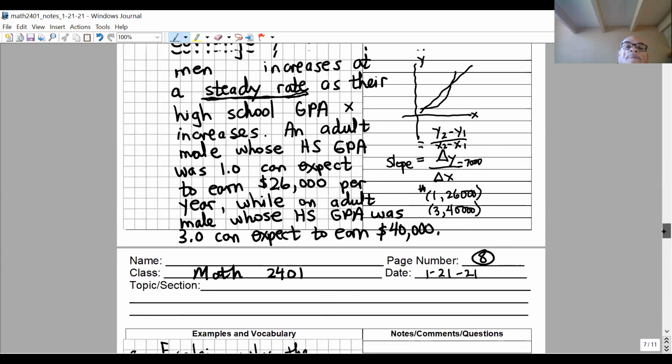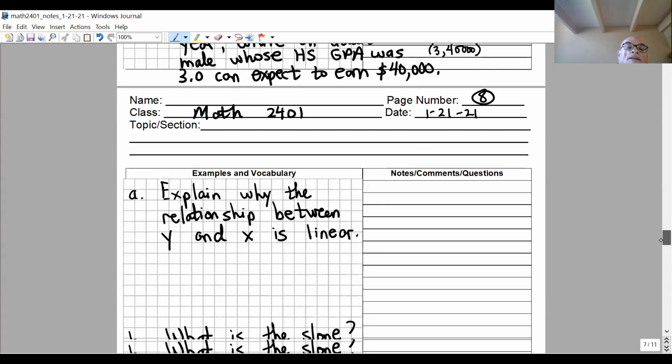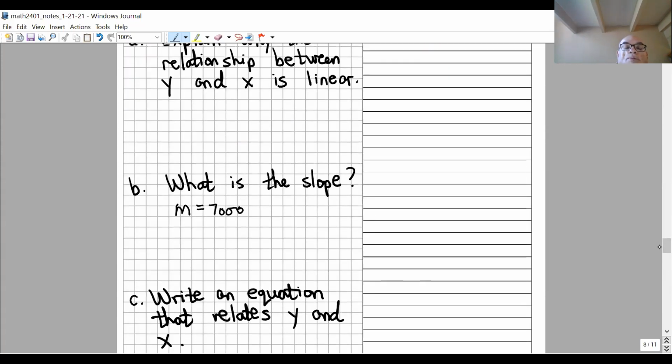Let me tell you one more thing about this problem, though. Let me remind you about the interpretation of the slope. The slope here is going to tell us the amount that y changes when x increases by 1. But remember, y is the average annual salary.